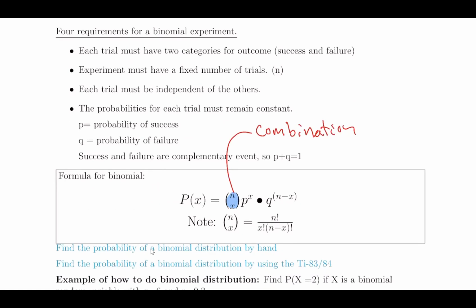The combination tells us how many total ways we could get a certain number of successes, because whenever we're doing binomial, we don't care about the order of the successes as long as we have X many successes. In this case, N is how many trials, X is how many successes we're going to have. And if you look over here, this is how we're going to find that combination.